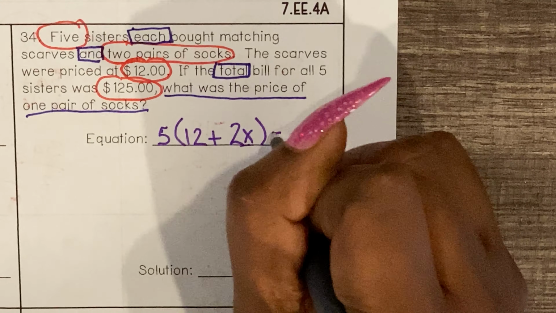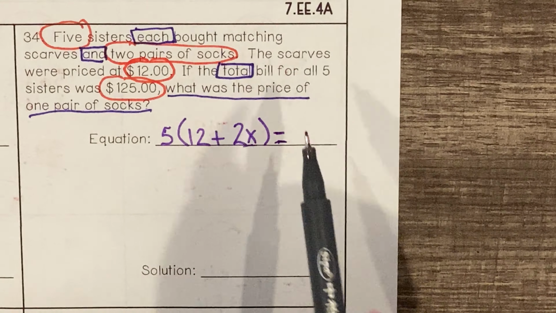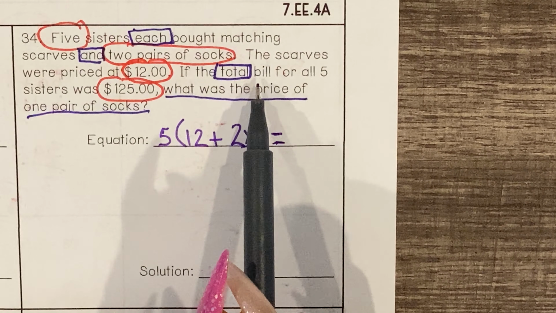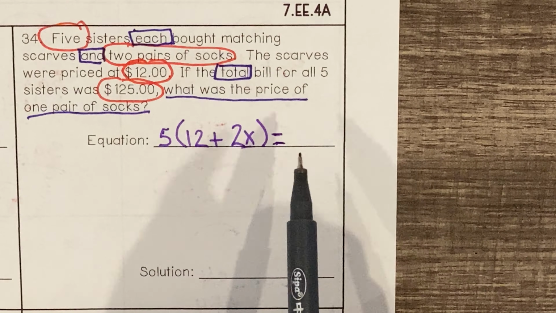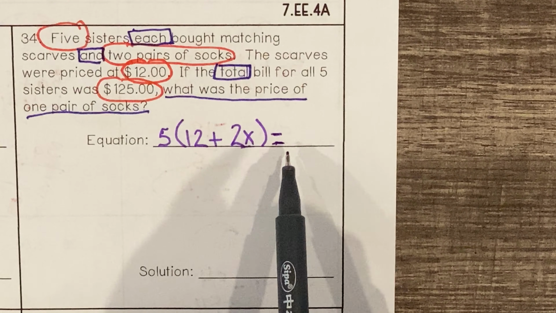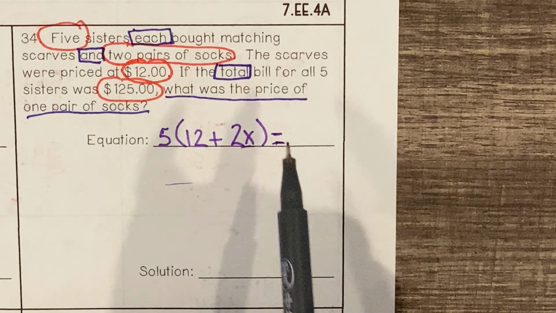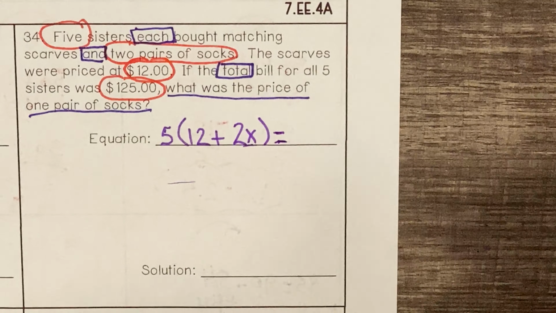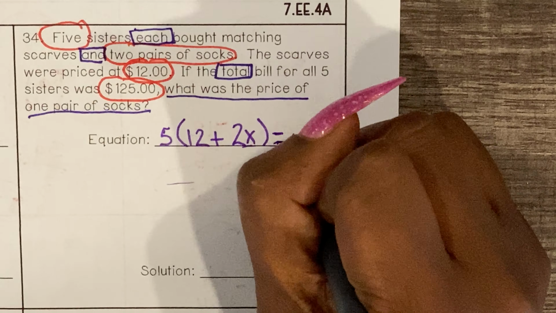Then we have our equal sign. And how much was the total? If the total bill, so total in this instance means the equal, what is it going to equal once everything is added together? The total bill for all 5 sisters was $125.